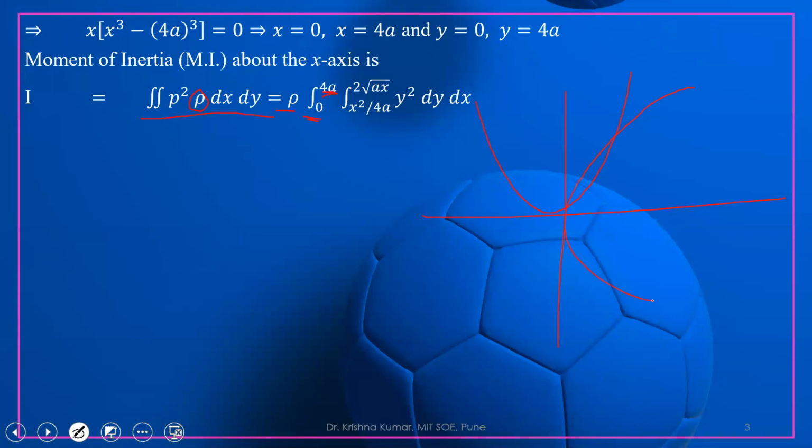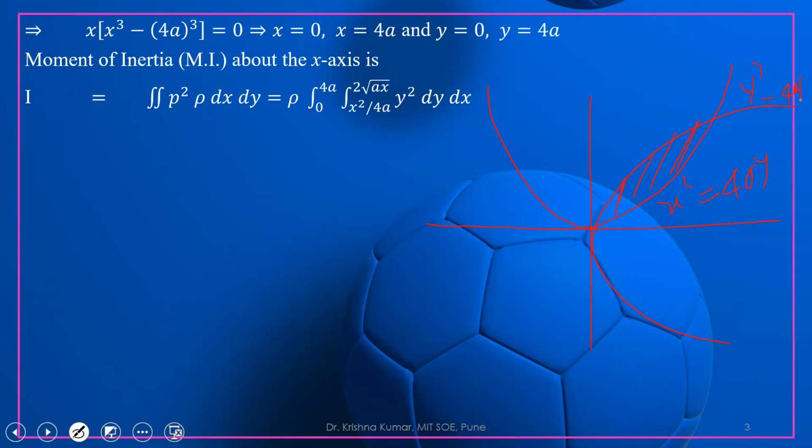Just look here. For y, this is the area bounded by x square equal to 4ay and y square equal to 4ax.